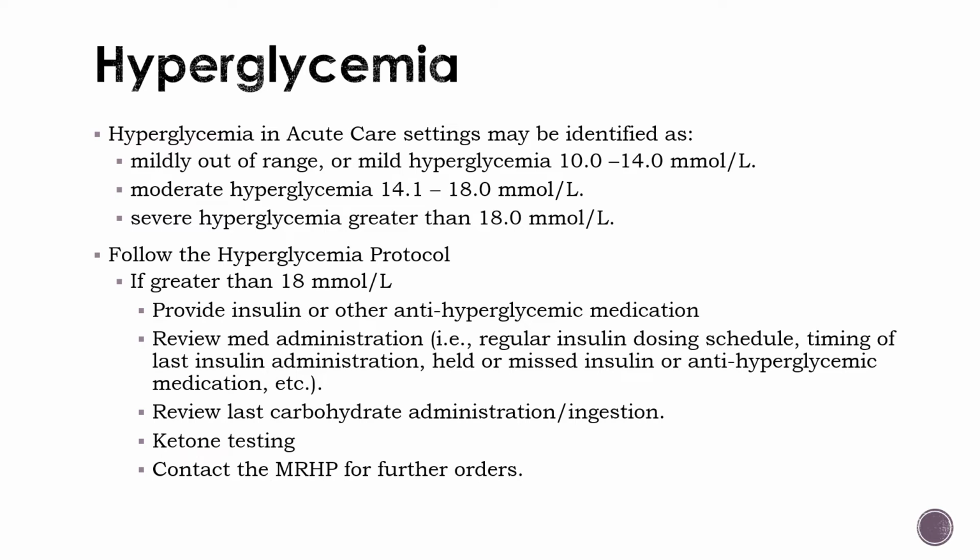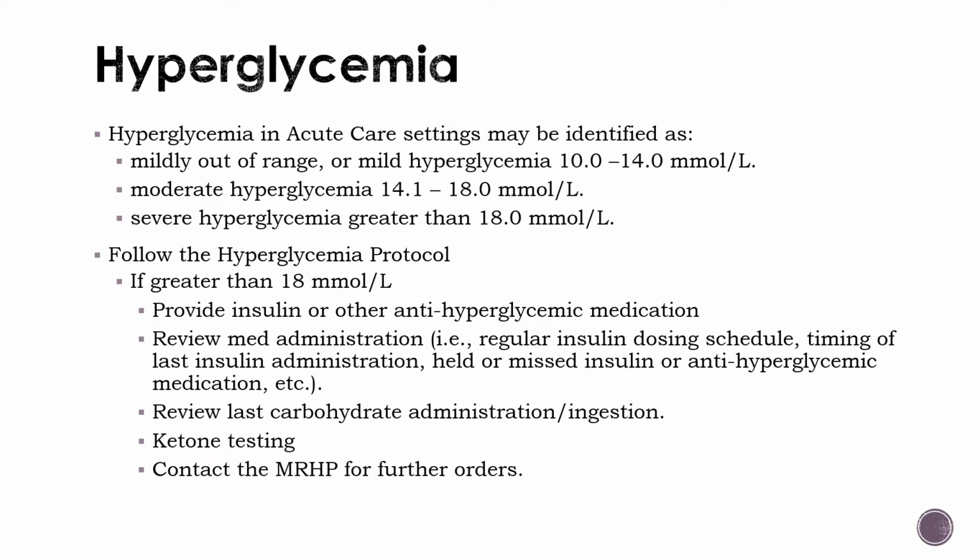Review anti-hyperglycemic medication administration, for example, the regular insulin dosing schedule, the timing of the last administration, and held or missed insulin or anti-hyperglycemic medications. Also review the last carbohydrate administration, what they ate last, or what intravenous fluid they received.